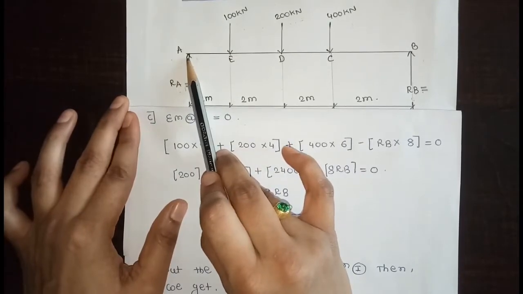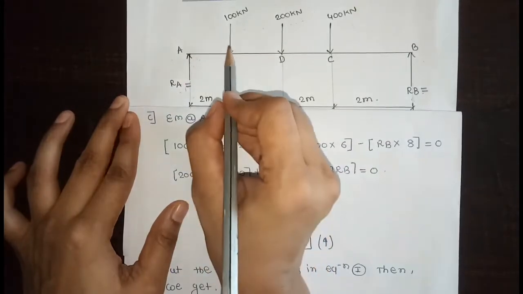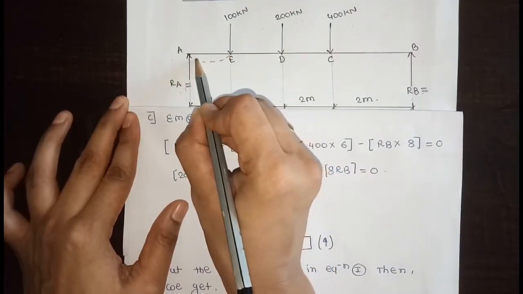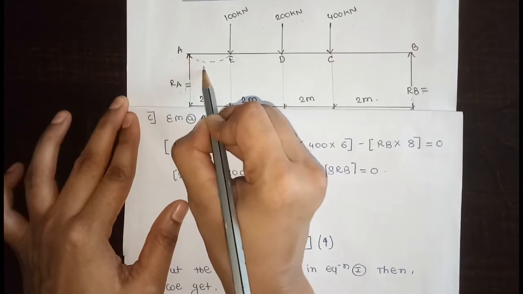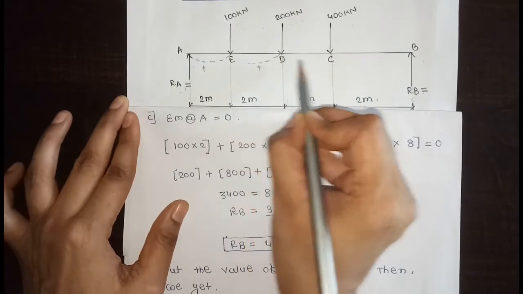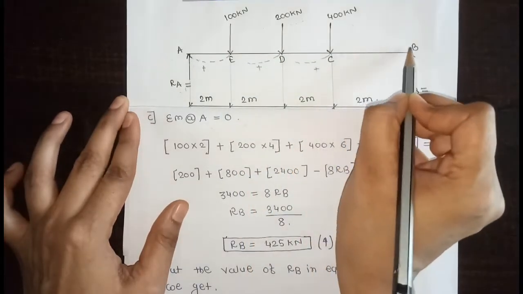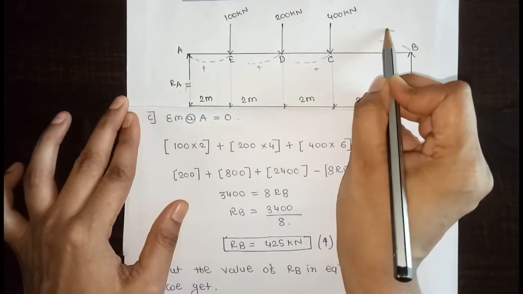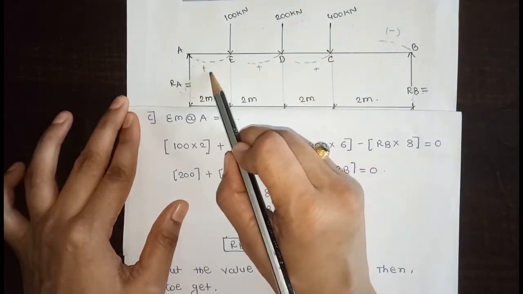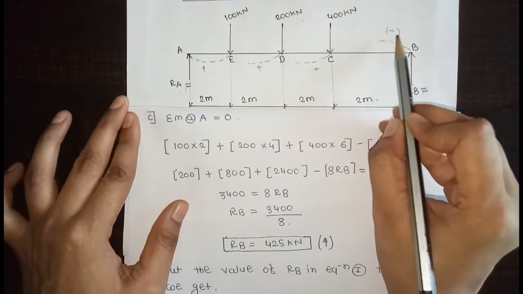First of all, decide the rotations for all the forces about point A. First force at point E, clockwise, plus; then second force clockwise, plus; then third force clockwise, plus; and last force anti-clockwise, minus. Clockwise moment is taken as positive and anti-clockwise moment as negative.